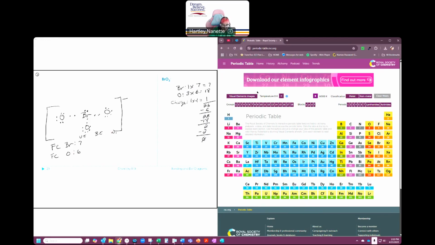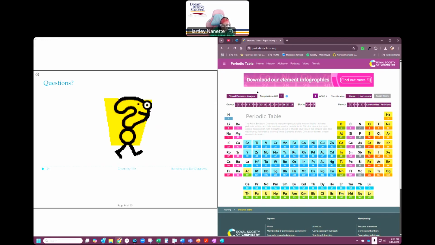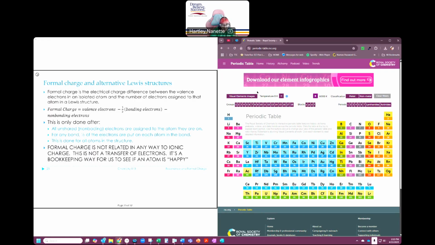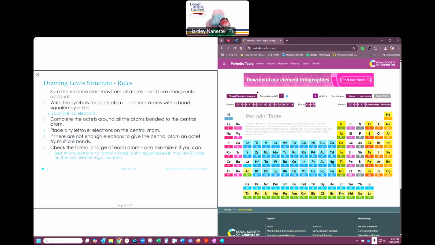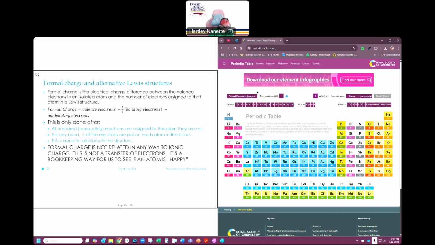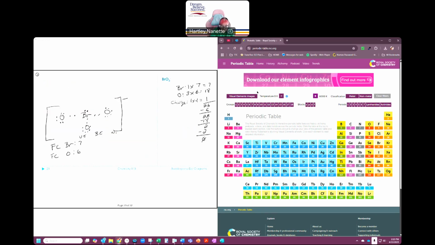Now, the other thing with this formal charge is half of the bonding electrons and the non-bonding electrons. So we're going to subtract half of the bonding electrons and the non-bonding electrons. Let's just say that we're talking about a bond. A bond has 2 electrons in it.